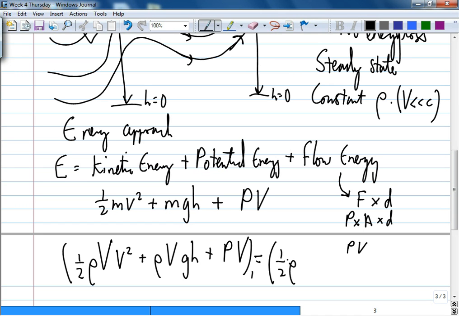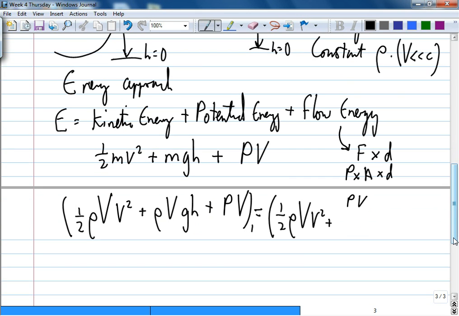Half rho V squared plus, the big V is the volume, the small v is the velocity. Rho times V is your mass. Rho big V g h plus pressure times volume at point 2, constant.